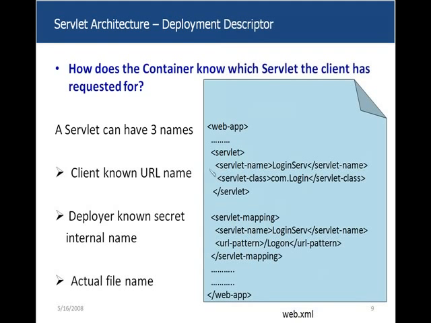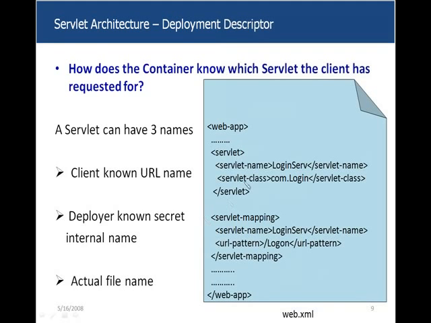Now you see that there is also a section called servlet mapping. We have mapped the servlet class to some servlet name in the servlet element. So the container can know, depending on this name, which servlet class to invoke and where that servlet is located.